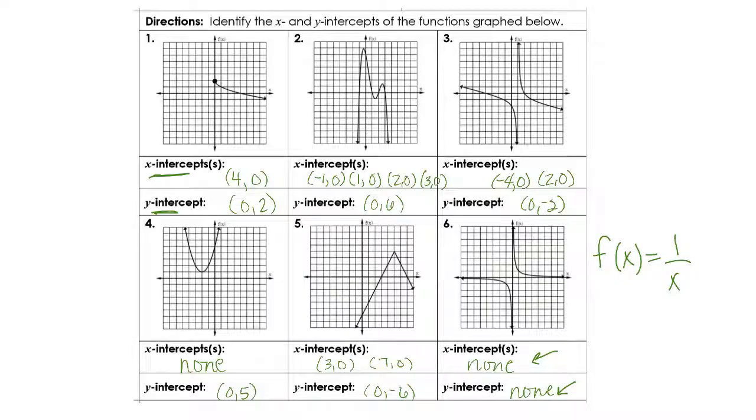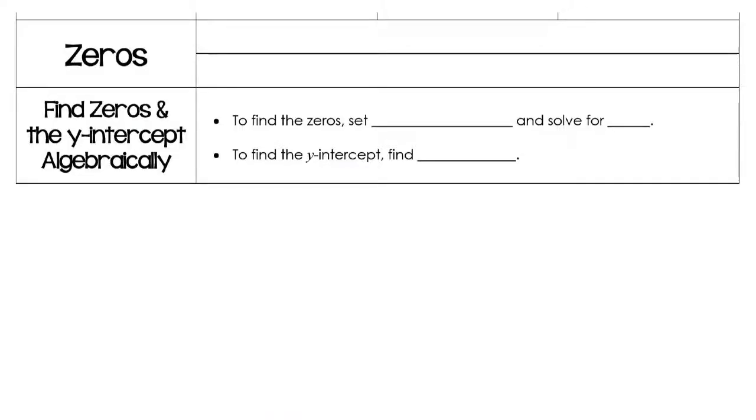Okay, so our next step, let's talk about how to identify a zero and then how to algebraically find the zeros. If you're talking about the zeros of a function, you're talking about the point or points, it could be a single point or more than one, where your graph crosses.